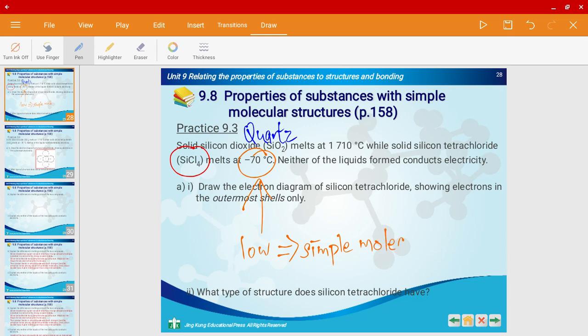Is a simple molecular structure for covalent compounds or for ionic compounds? Yes, it is for covalent compounds. Some covalent compounds have this structure. Now that I know it is a covalent compound, that helps me in drawing the electron diagram. You can pause the video and draw it by yourself.